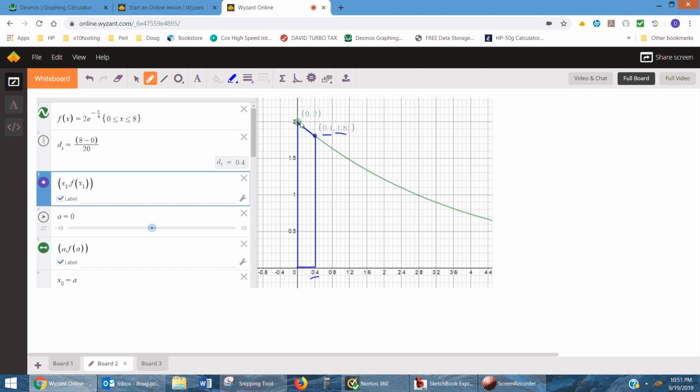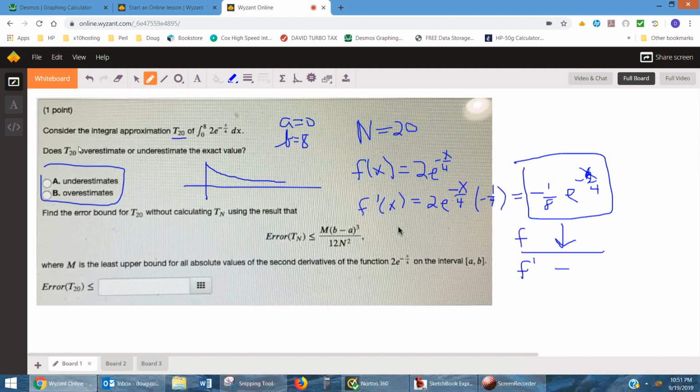And the point is that this leg of the trapezoid is above the green line, which is the graph of the curve. So we overestimate the area under the green line by this little smidgen amount right here. So the answer for part 1 of this is that the trapezoid overestimates, and that's because, again, this is a decreasing function.